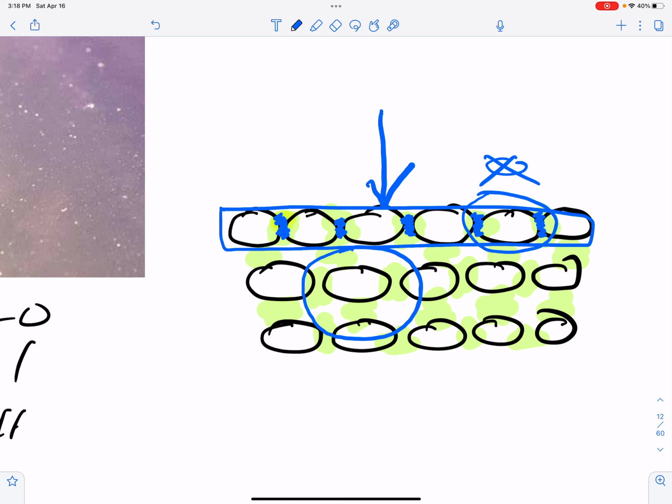Like I told you before, if I'm playing on a trampoline, every time I drop into the trampoline, it's going to bend a little bit, but it's going to resist my weight because it's a tension between the parts.